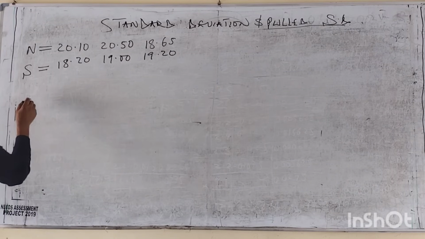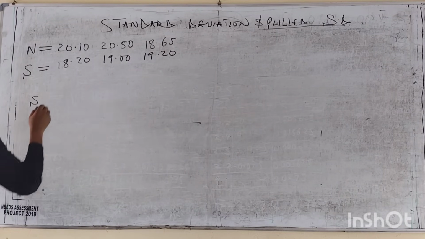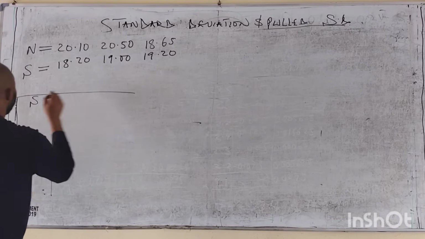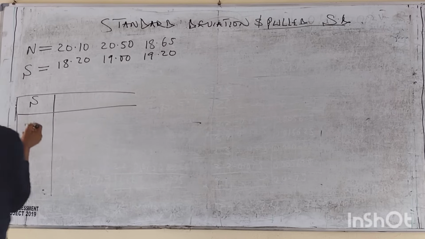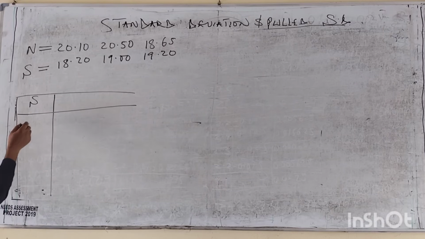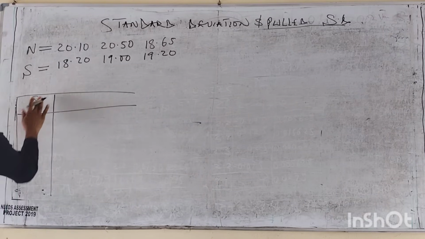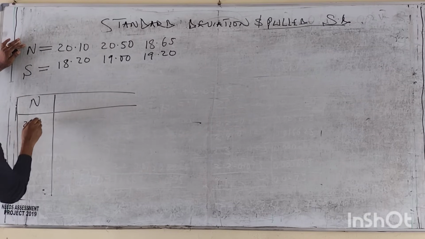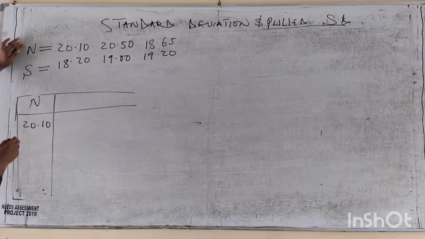We have our X here, which is this. Let's start with N, not X first, which is 20.10, 20.50, 18.65.